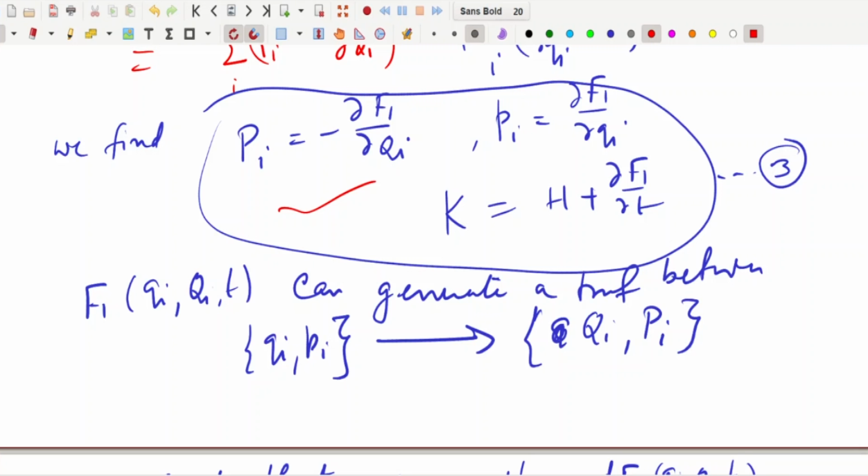So we found a generator which can generate a canonical transformation from the old set of canonical variables to the new set of canonical variables, such that the Lagrangian changes only by a gauge transformation.